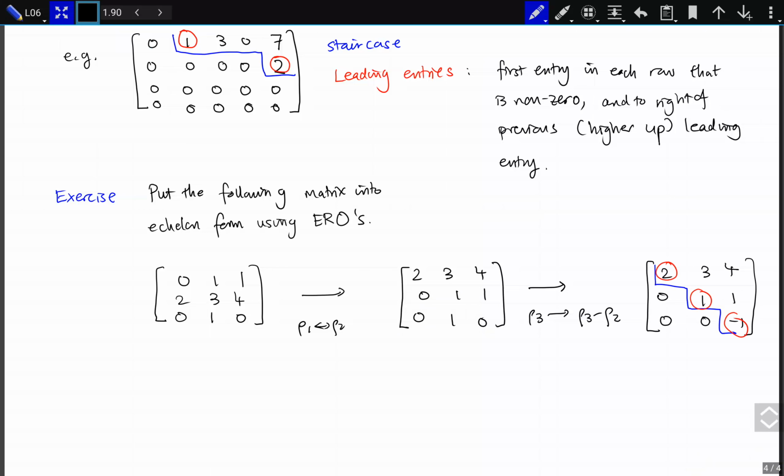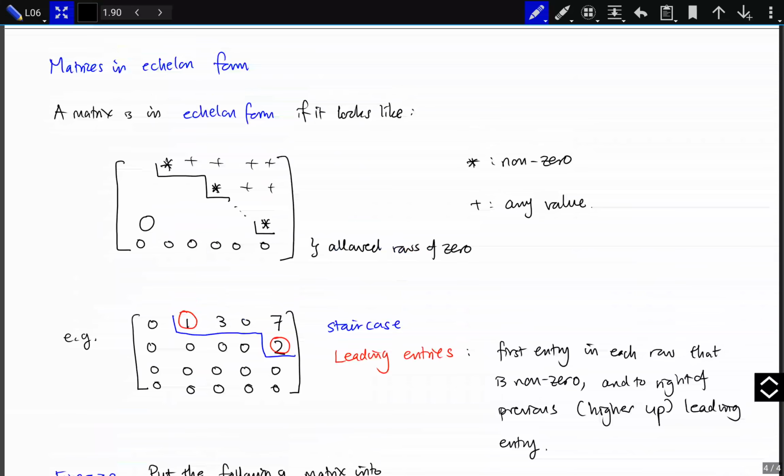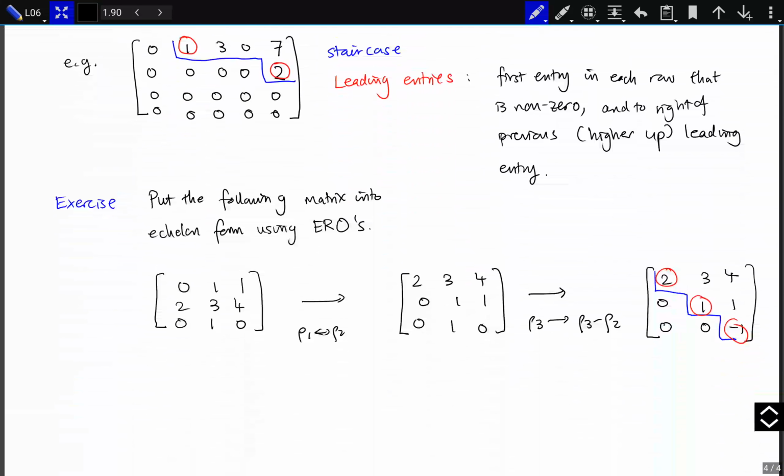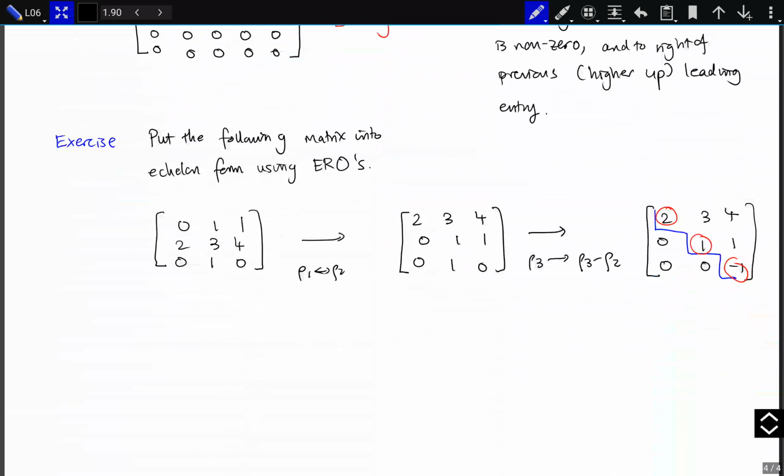So today we covered row operations, how they can be used to solve linear equations, and this slightly different bit at the end where we introduced matrices in echelon form, and we used row operations to convert some starting matrix, which could be arbitrary, into something of a more systematic format. We're going to continue with this idea next week.